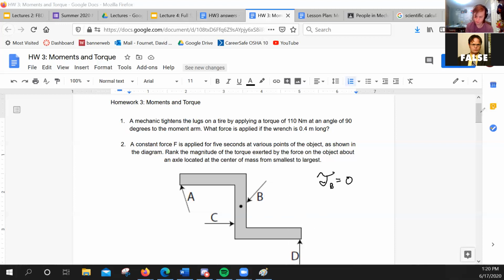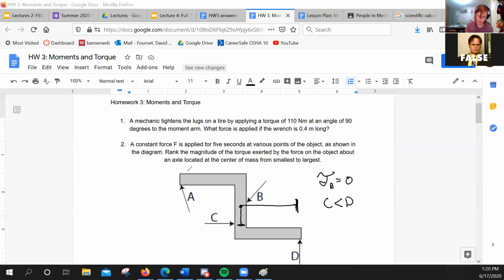And then from there on, we can basically say which one of these is going to cause the largest torque. Well, we can see that from the pivot out to D is larger than the pivot out from C, perpendicular to the force, right? So this is perpendicular, and this is perpendicular. So because this has a shorter distance than this one, C is going to be less than D, okay?